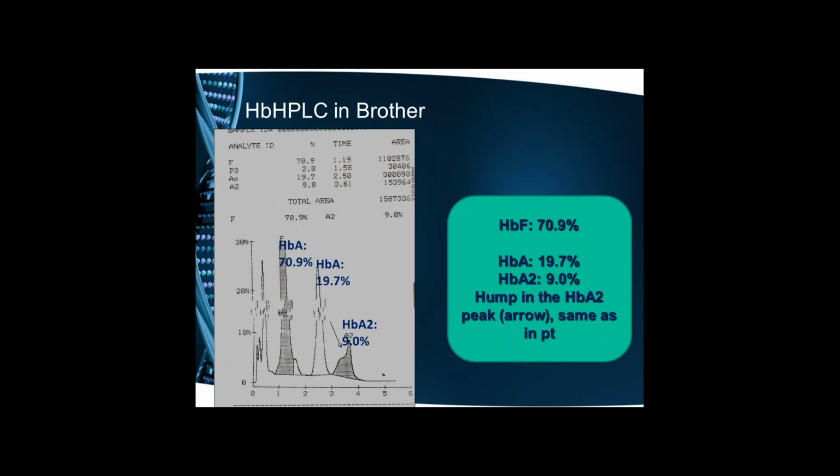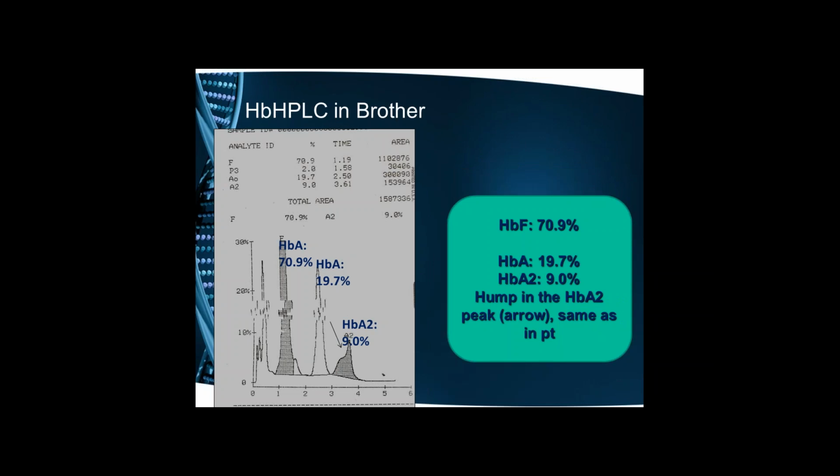This hump is again seen in the HPLC of the brother, who has a microcytic hypochromic anemia. We see a typical hump with A2 at the level of 9.